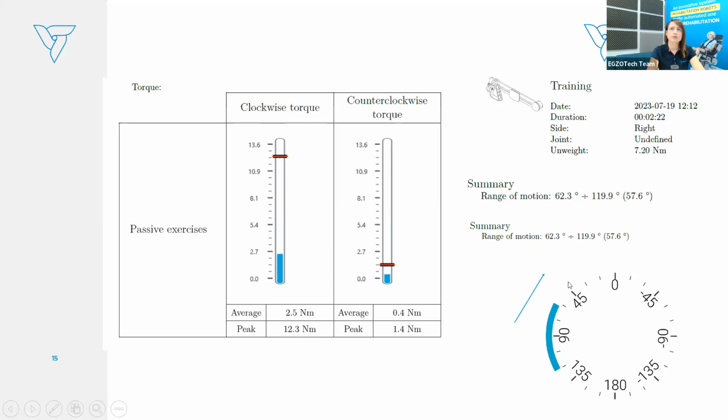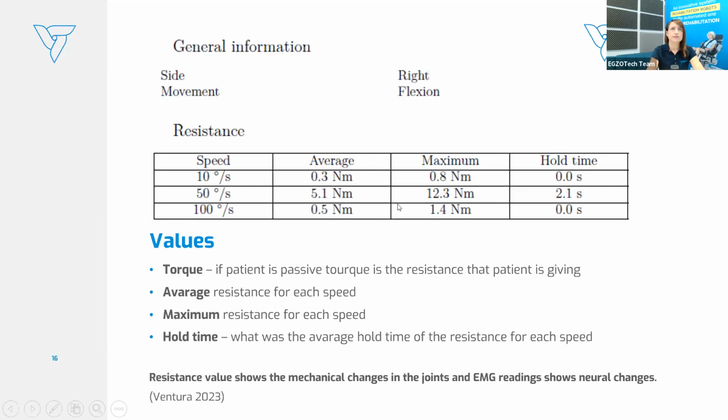If the movement was towards extension and the clockwise torque was going this direction, then we know this was resistance. It was against the movement, and it was clockwise torque that we are recording here. And we get the values for each of the speeds, the average, maximum, and the hold time for each contraction.